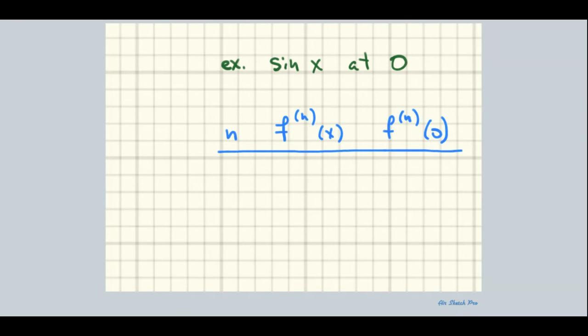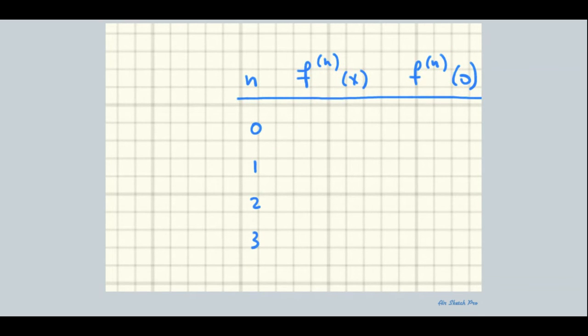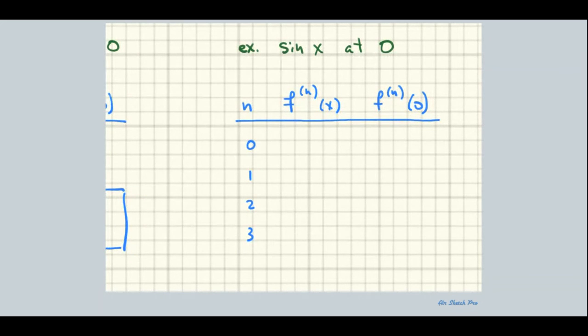for sine now, okay? The 0th derivative, first derivative, second derivative, third derivative. Because I know the 4th derivative is going to go right back to the original function. So, for sine, the 0th derivative is just itself.